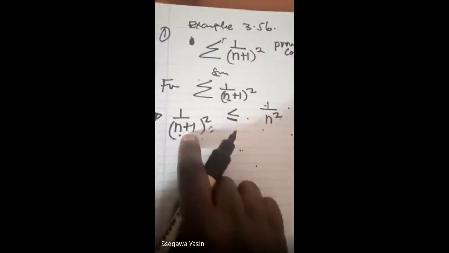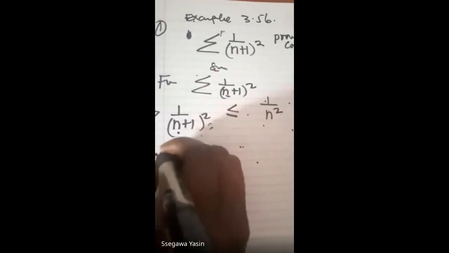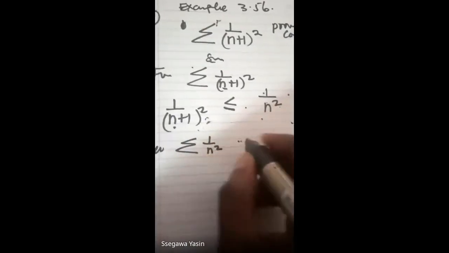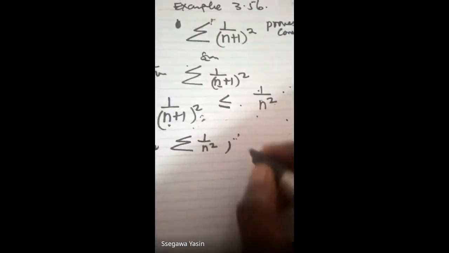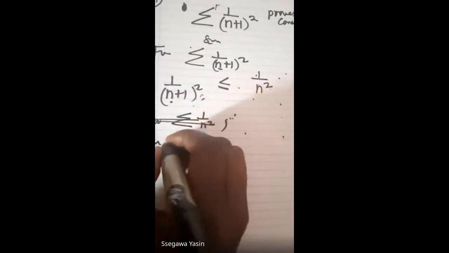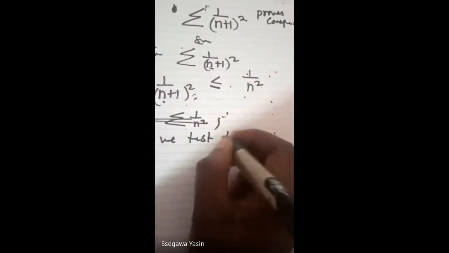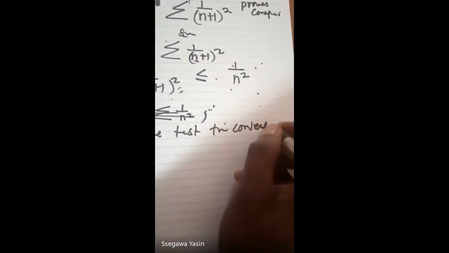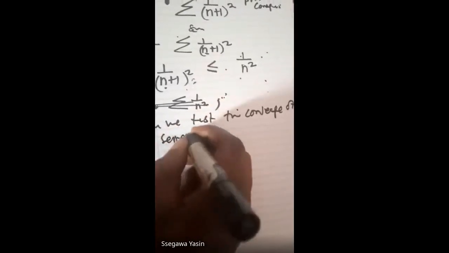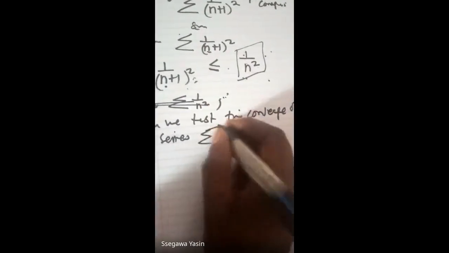And if this is true, then we test for convergence of the series, the sum of 1 over n squared. Now we are converting this from being a sequence to a series, the series 1 over n squared.